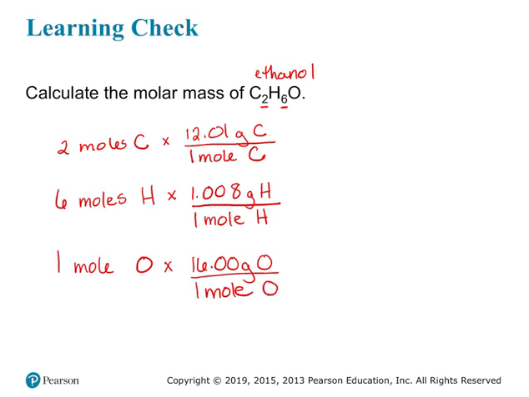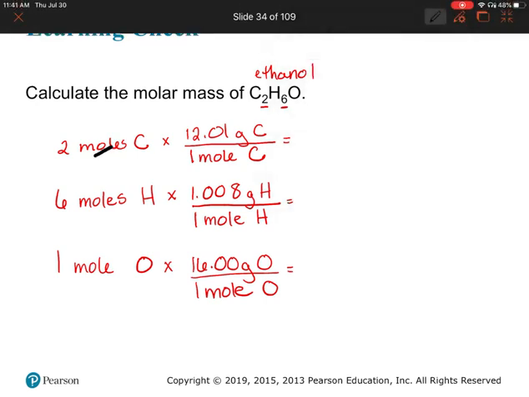Okay, so let's go through and calculate each of these different factors. So for carbon, we have 2 times 12.01, and moles will cancel. So we get 24.02 grams of carbon. For hydrogen, moles will cancel.